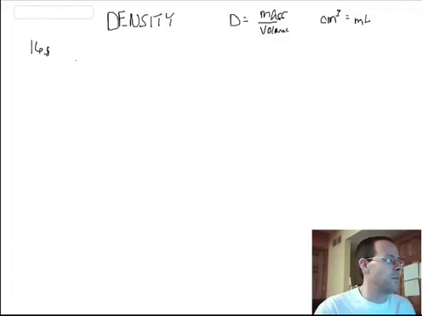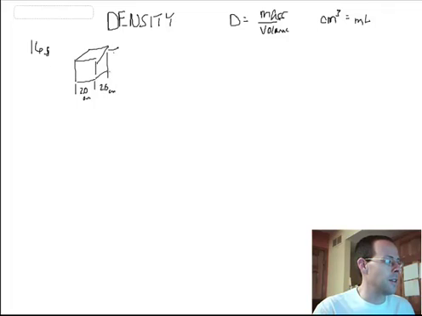So, what happens if you had something that was 16 grams, and it had a volume, or maybe it's a box, so we're just going to draw a box real quick, and its dimensions are, let's say, 2.0 centimeters, and its depth is 2.0 centimeters, and its height, this is not necessarily to scale, let's say 1.0 centimeters.